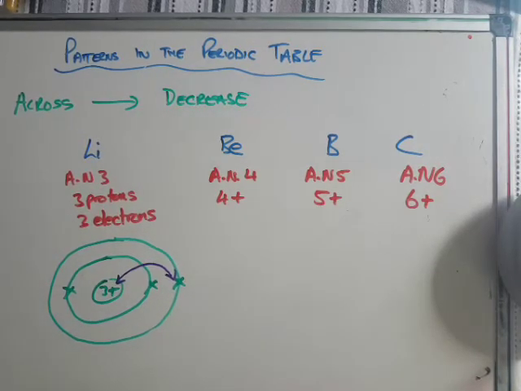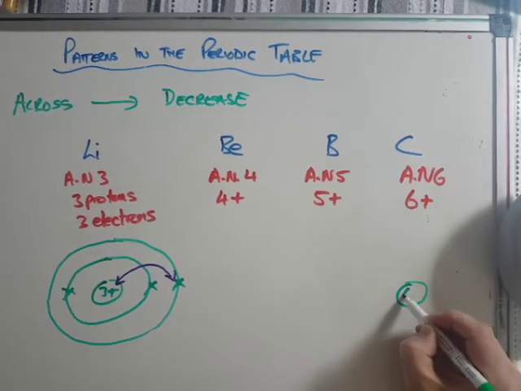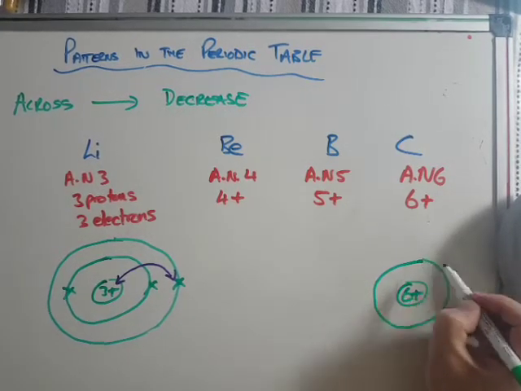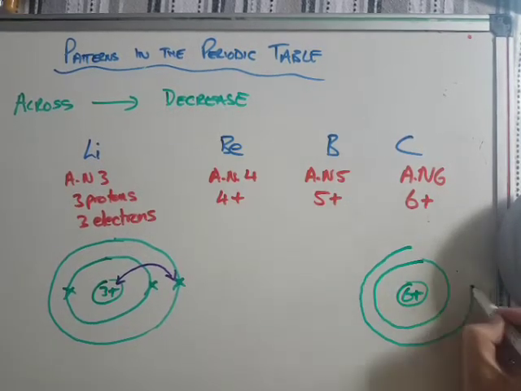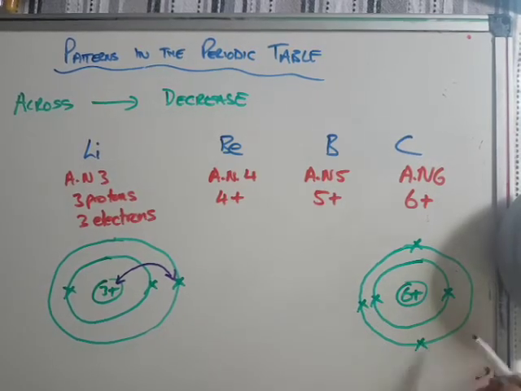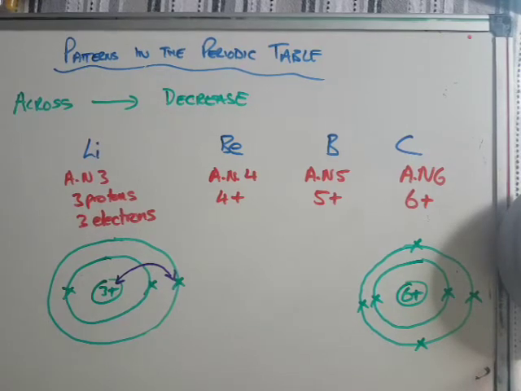But if we think of the electron arrangement diagram, now I'm going to jump straight over to carbon. Right, get 6 positives in there. Your 6 electrons are arranged like so. The 6 electrons are arranged in 2 rings, just like we had over here.